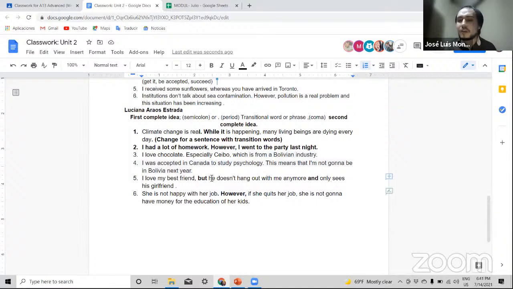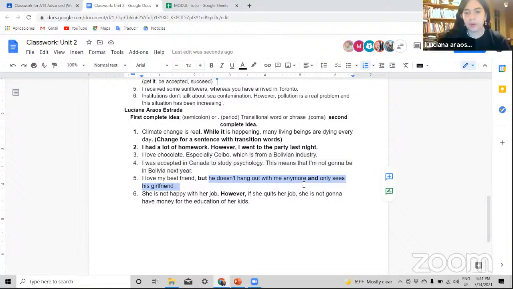If not, it's considered part of the same idea. Okay. So no comma is needed over there. It will be okay if I was talking about another subject, right?